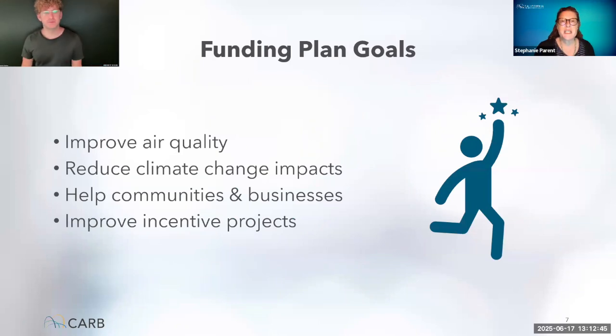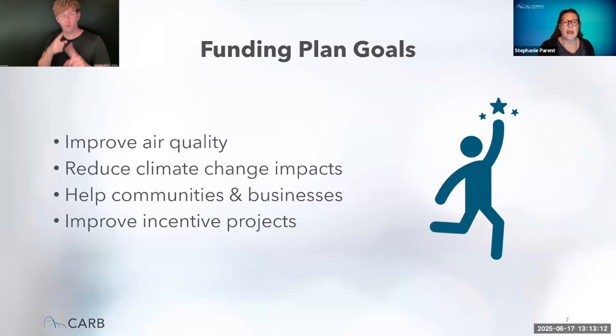The Clean Transportation Incentives Funding Plan is an annual, detailed guide for how CARB will allocate or assign any funds appropriated or designated to it by the legislature annually through the state budget. Through the plan, CARB staff aims to meet California and CARB goals to improve air quality and reduce the negative impacts of climate change.